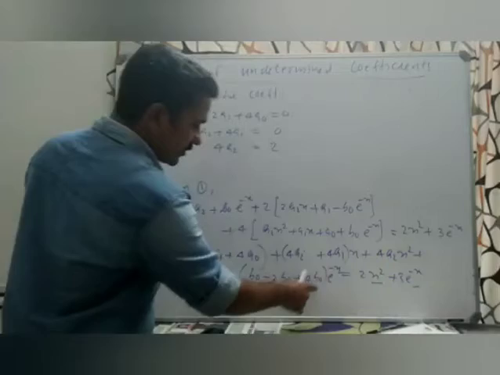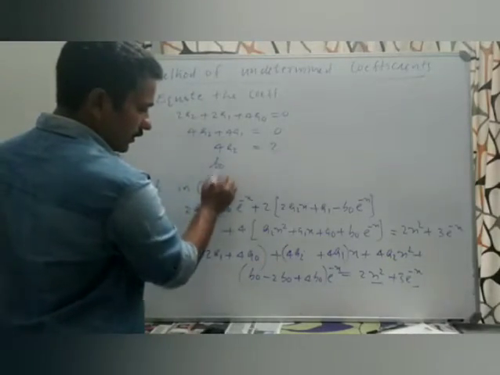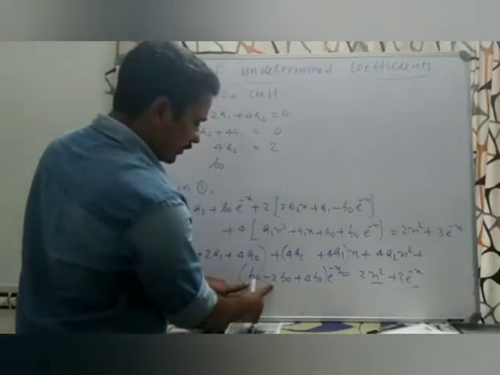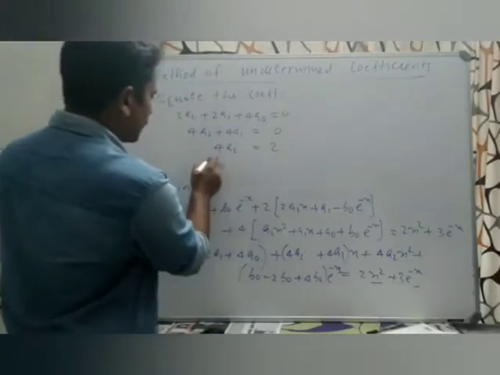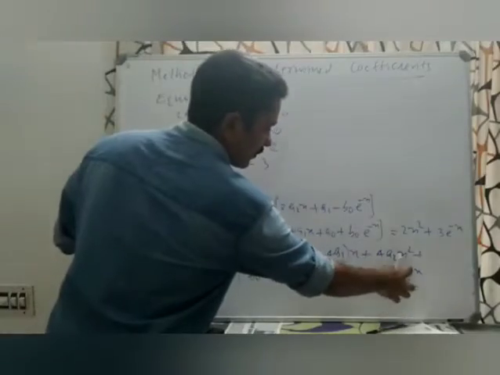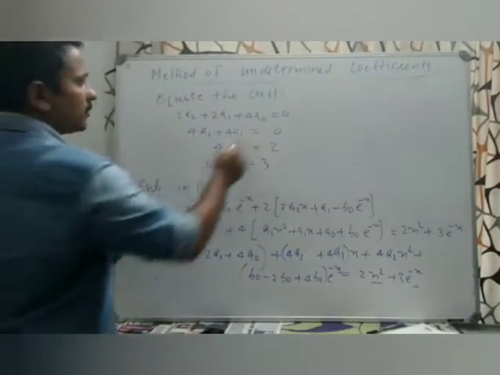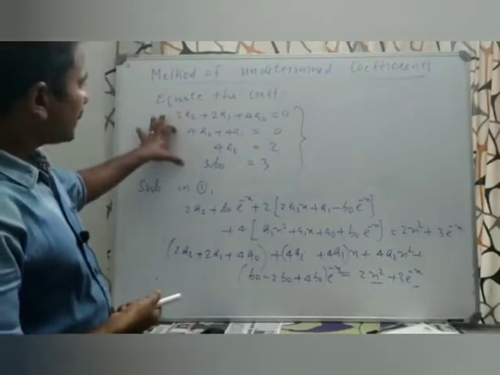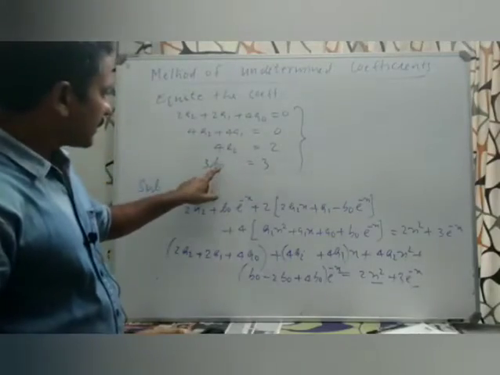Then coefficients of e to the power minus x: b0, and you can simplify this one, right? 4b0 minus 2b0, I mean 4 plus 1 is 5, 5b0 minus 2b0 is 3b0, is equal to the coefficient of e to the power minus x, which is 3 here. Okay, so these are the 4 equations we will get. From these equations you can solve for all these constants.